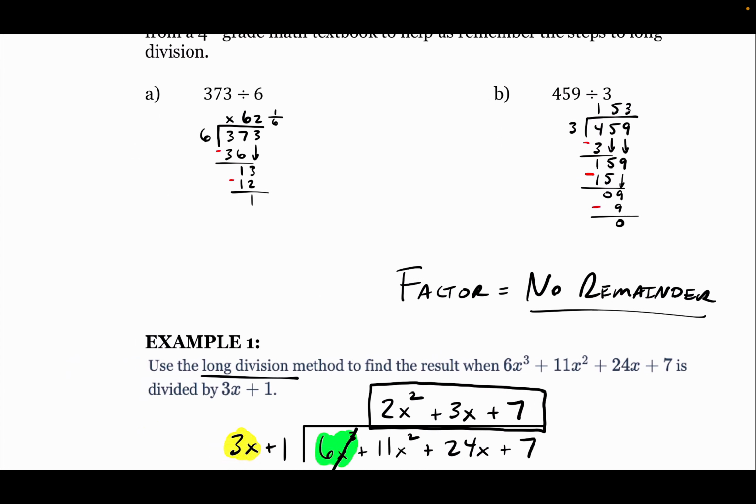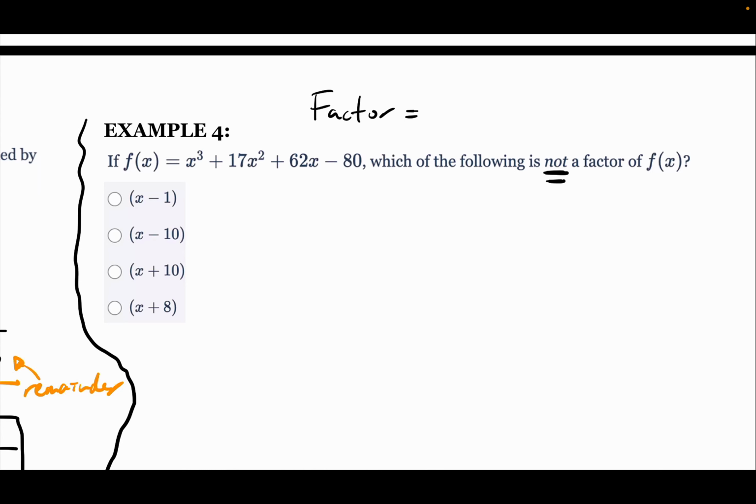If I get no remainder, that means it's a factor. So they want to know which of these guys is not a factor. So if it's not a factor, will I get a remainder or will I not get a remainder? If I get 0 for my remainder, that means it's a factor, right?